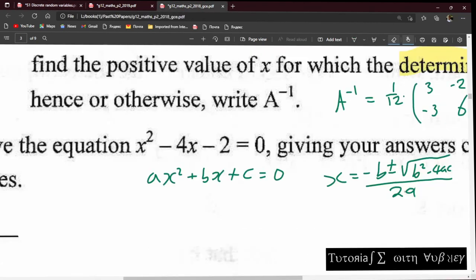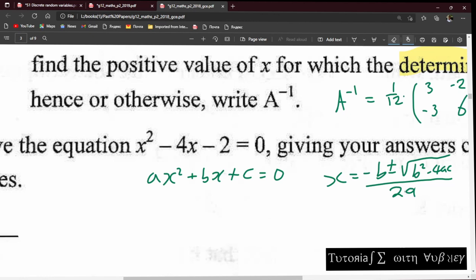So from here, we need to check now. We know the formula. We just need to check from our equation what is our A, what is our B, and what is our C, so that we just plug into the formula. A is the coefficient of the x squared term, the number in front of the x squared term. In this case, since there is no number there, we say A is 1.